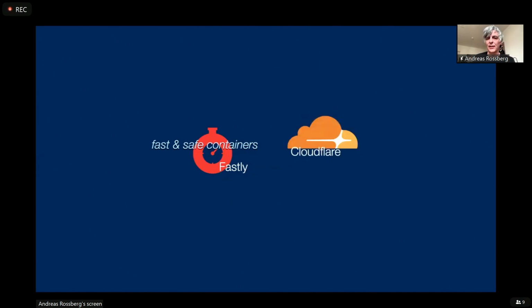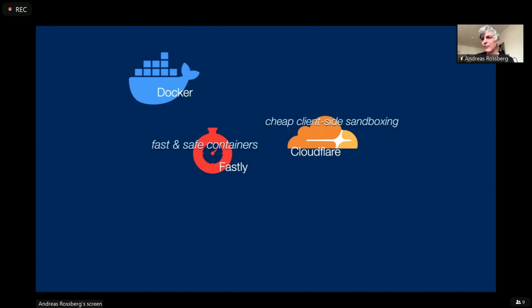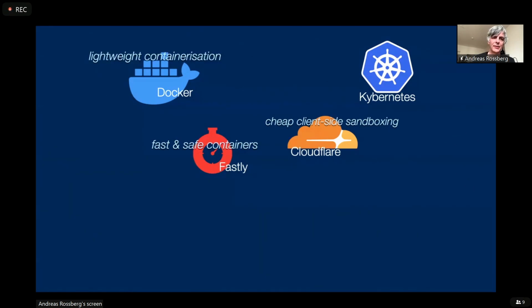Similarly, Cloudflare is another relatively well-known service that runs quite a substantial part of the web infrastructure, and they also use WebAssembly essentially to do sandboxing in a cheap manner. And then there are container frameworks like Docker and Kubernetes that also interface to WebAssembly nowadays, because it gives them a way to do lightweight containerization and because it's a portable container format.